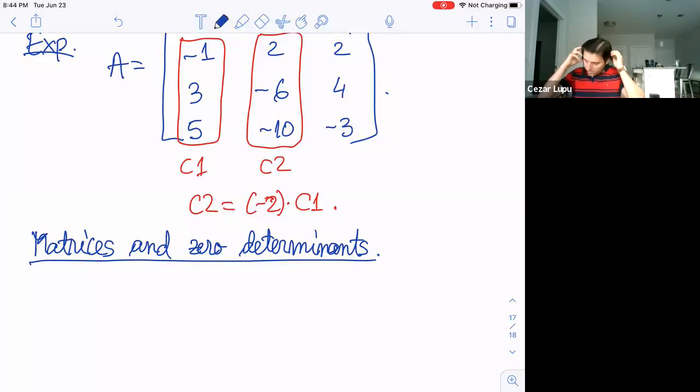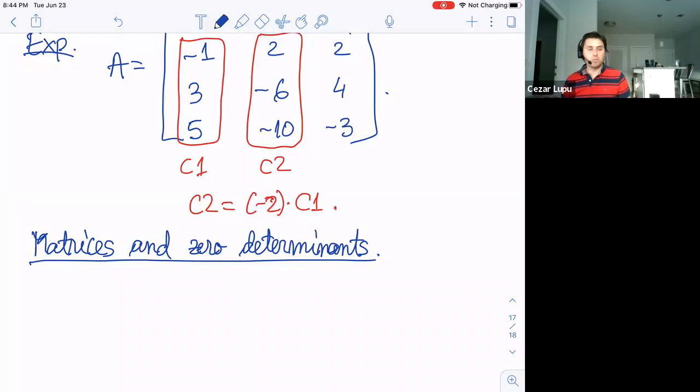Well, it will be important when, for example, I would like to compute the inverse of a matrix. Like I mentioned in my previous lecture today, I cannot compute the inverse of a matrix unless I know that the determinant of that matrix is non-zero. So I need to avoid that.